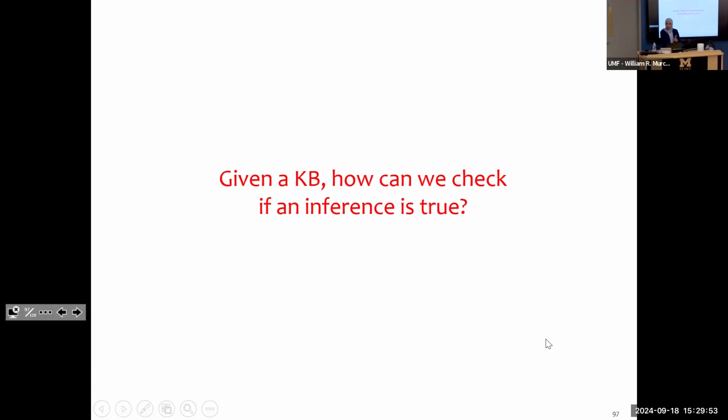So each time we are having what? Assumptions, and we are not sure if that's true or not. This is called inference. Each time the agent is not sure if the inference is true or false, and given a knowledge base, he's trying to check the inference.